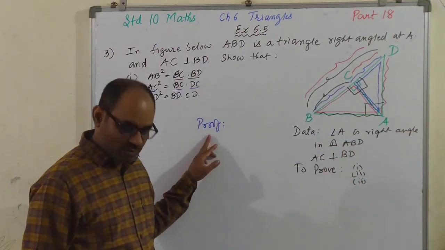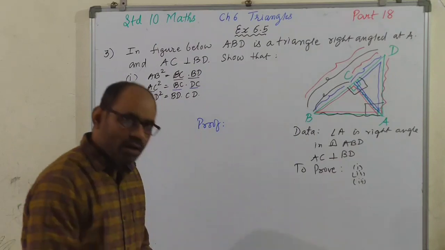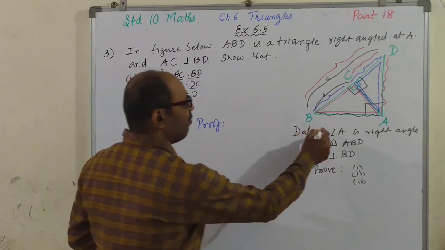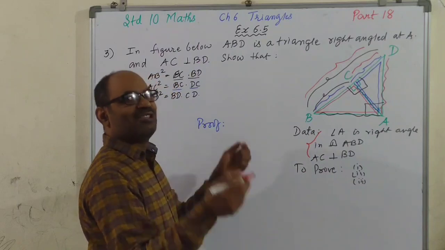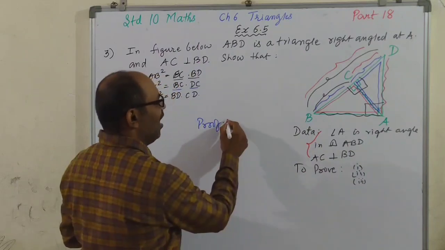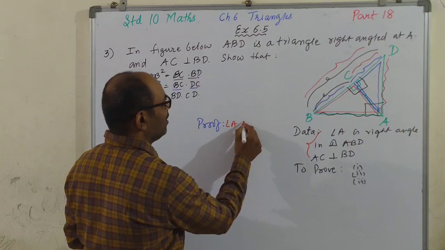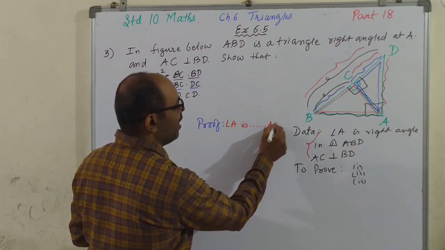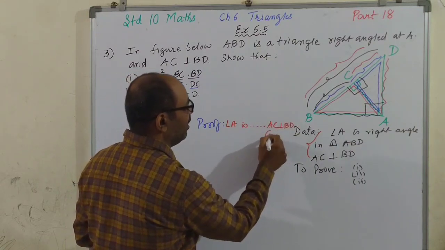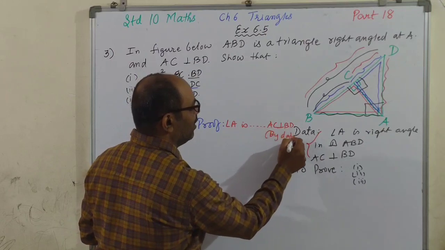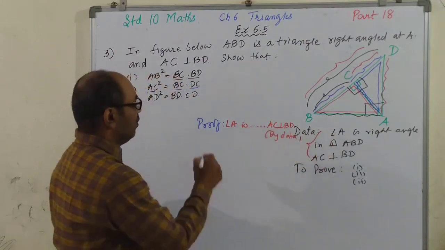So the proof now. Write everything and use theorem 6.6. Angle A is a right angle and AC is perpendicular to BD by data. Suppose I have written this whole.